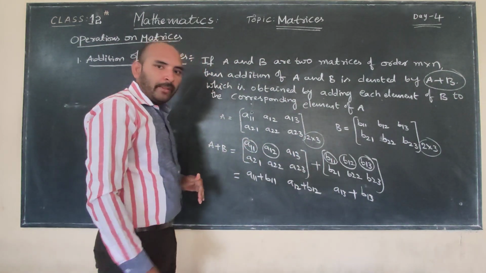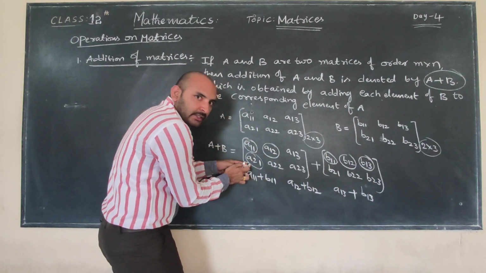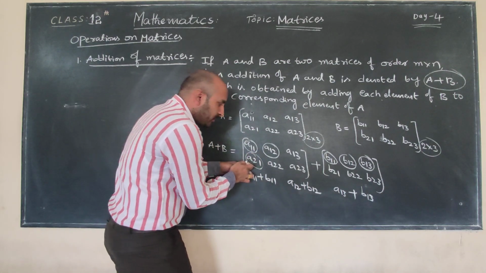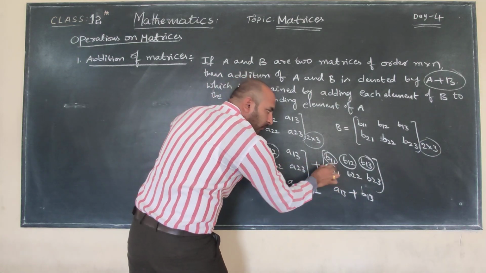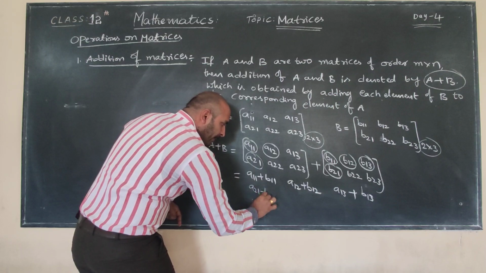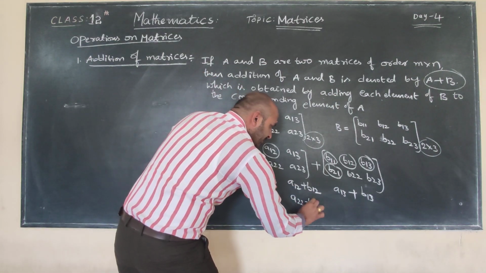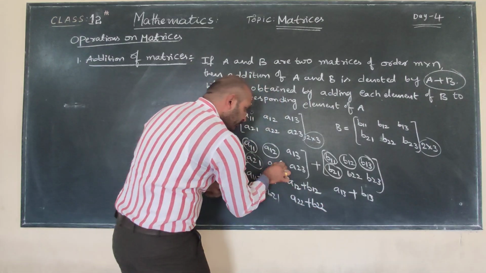Coming to the second row elements, the same corresponding positions. Here in the first matrix, second row, first element, and here also second row, first element must be added. So A21 plus B21. Next one, A22 plus B22.